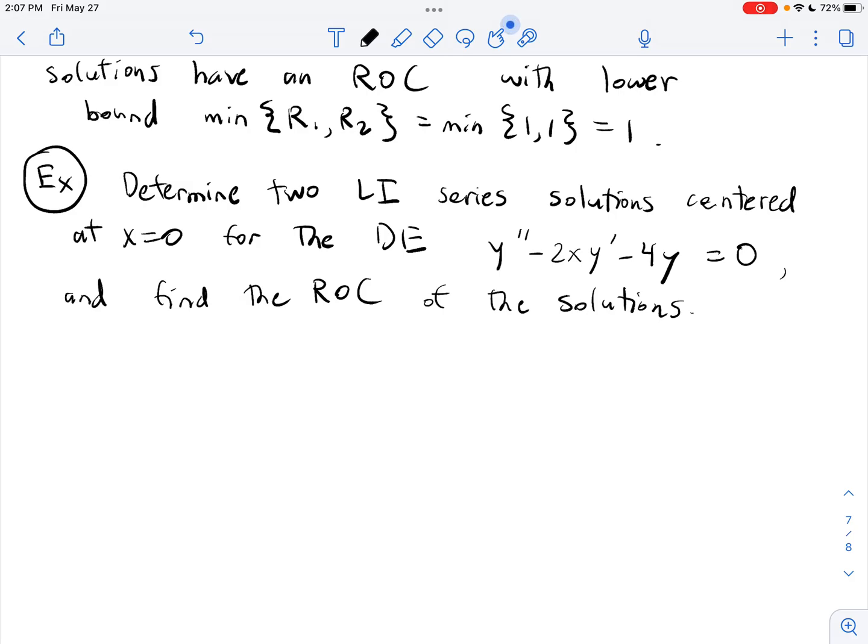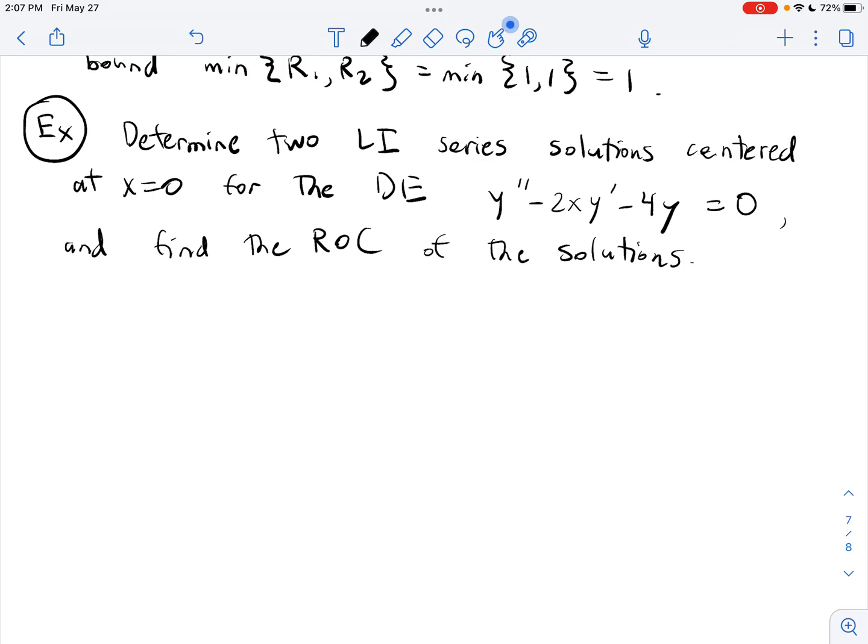Okay, so let's start by verifying here that 0 is an ordinary point. What are P of x and Q of x? It's already in standard form. So note, P of x is negative 2x. Q of x is negative 4.